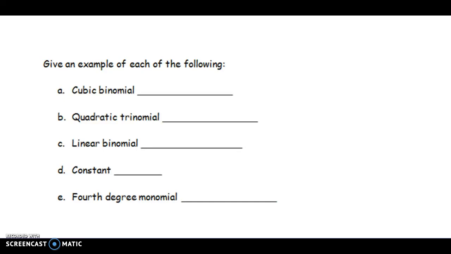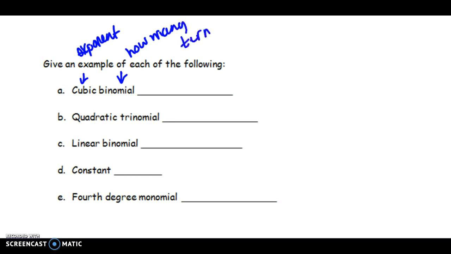Okay. On the back of your paper you have some examples to try on your own, so that gives you the name of something. You're just coming up with the actual polynomials themselves. So any variable you want, remember the degree, which is the first word, is your exponent. And then the omial tells you how many terms.